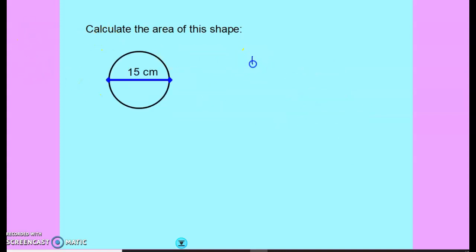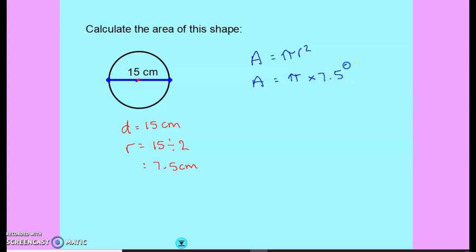Try one of a circle then. Area of a circle is pi r squared, where r is the radius. Just now I have a diameter, because that goes right the way across the circle. So I've got a diameter of 15 centimetres. I want the radius. Radius is half the diameter, which is 7.5 centimetres. Now for my formula, I want the radius squared. When you square something, it means timesing it by itself. So here I want to do pi times 7.5 squared.